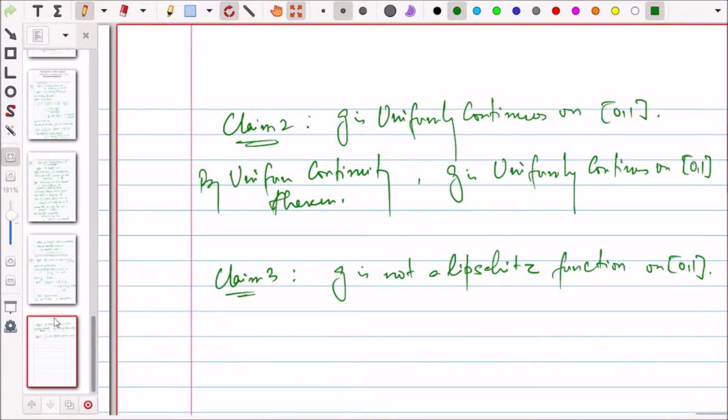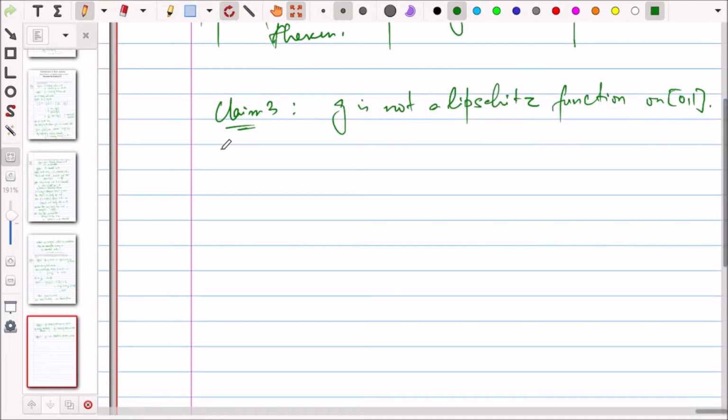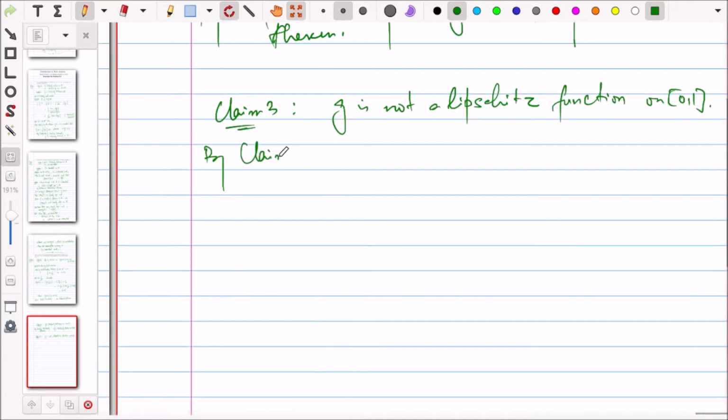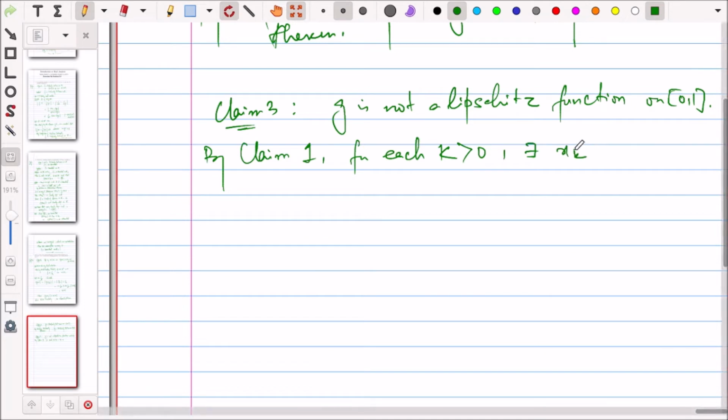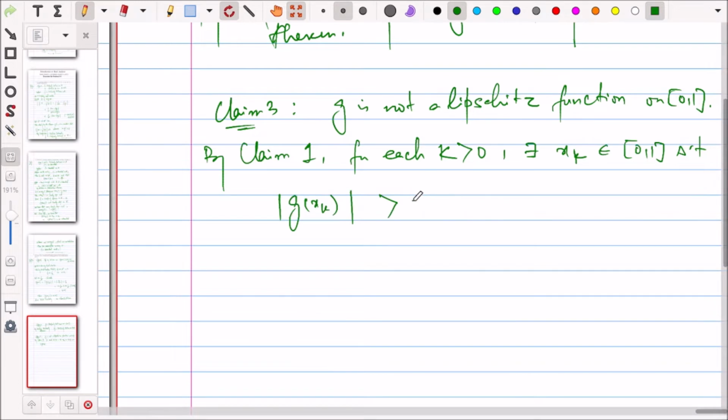Basically what we have to show is that for each k, by hypothesis, by part 1, by claim 1, for each k greater than 0, there exists x_k belonging to [0, 1] such that g(x_k) is greater than k times mod x_k.